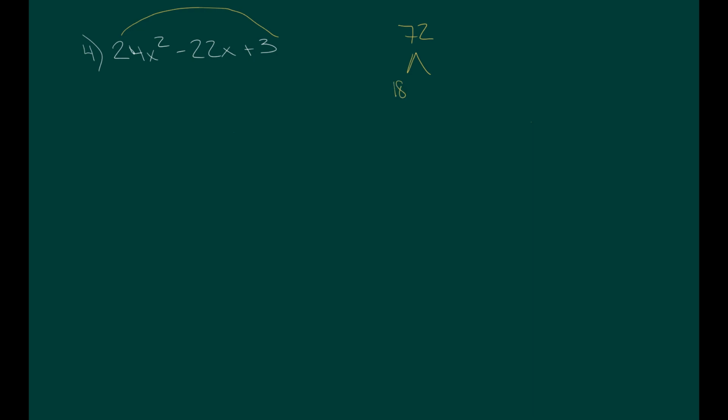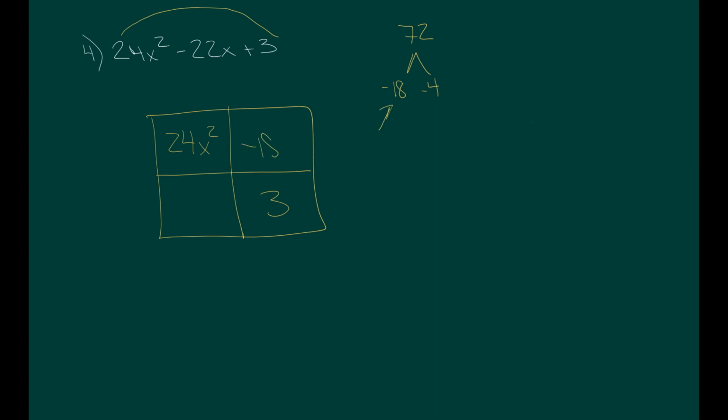Well, I know 18 times 4 is 72, and if I make those both negative, they would add together to give me a negative 22. So I'm going to draw my square. The first term goes in the first square. The last term goes in the last square. Then I'm going to put in my factors, so negative 18x and negative 4x. And again, it does not matter which square you put those in.